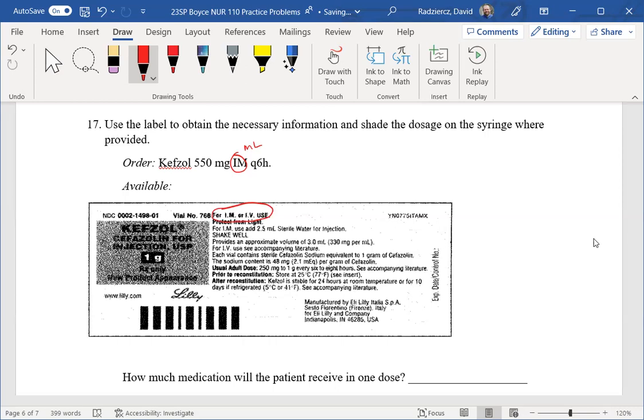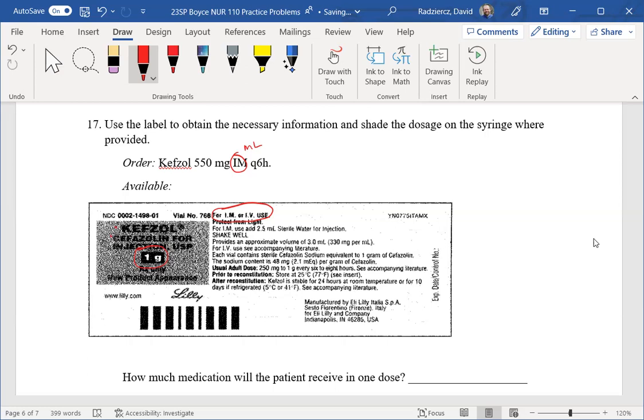Now, the label for a reconstitution is very different than what we've talked about so far today. I know this isn't a great image, but you'll see Kefzol, then the generic form of it, and then it just says 1 gram. Knowing that it's 1 gram doesn't really help us, especially when we're looking for milliliters, because where's the 1 gram per milliliter?